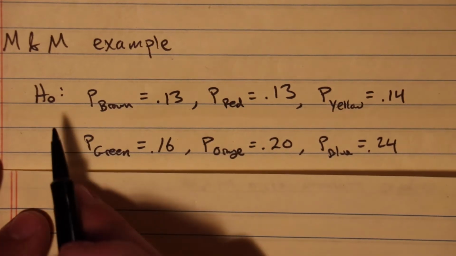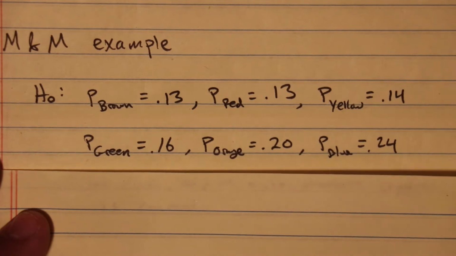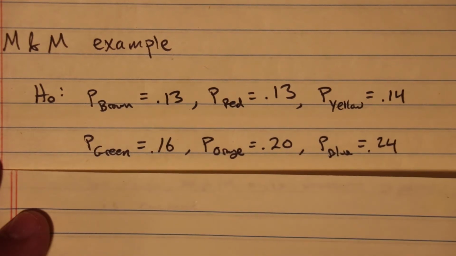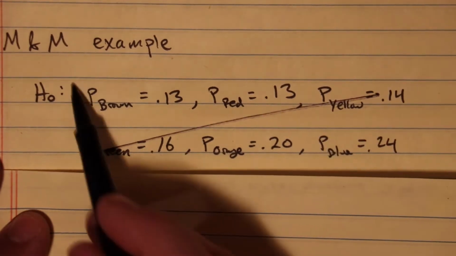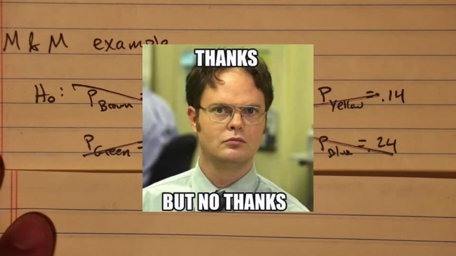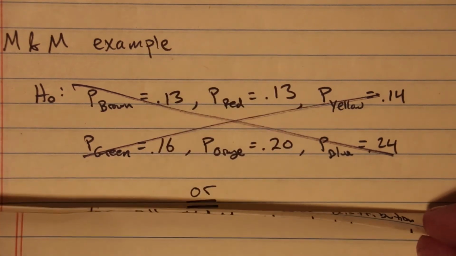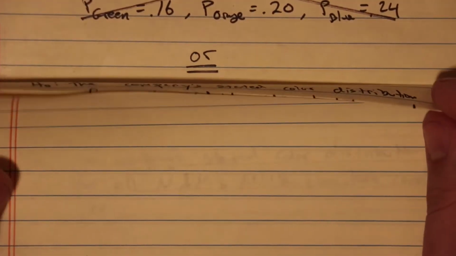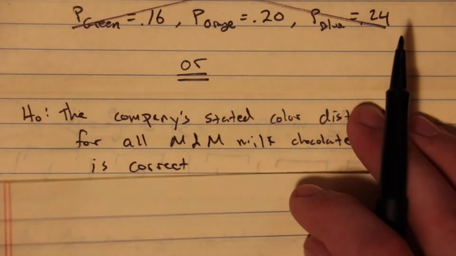Once again, the null is the assumed hypothesis. It's the dullest one, so we're going to assume that the company is telling the truth. This is one way you could do it, but honestly, I do not recommend it, ever. This is how I'd like you to set up your null and alternative hypotheses for a goodness of fit test.